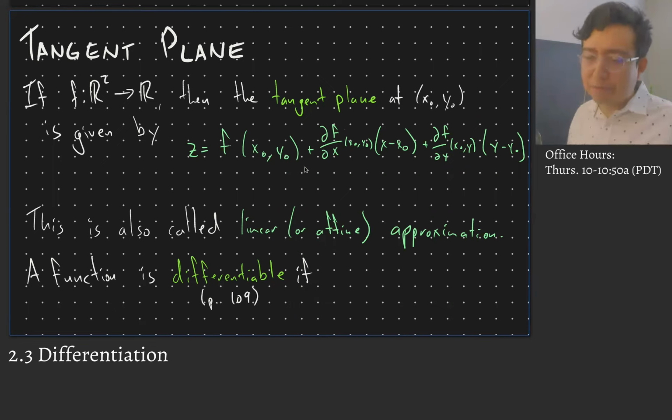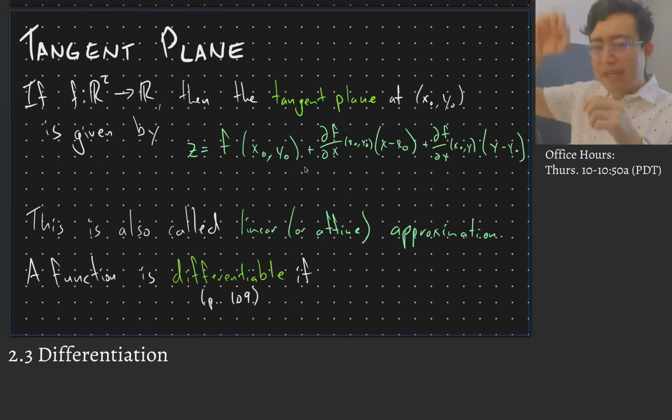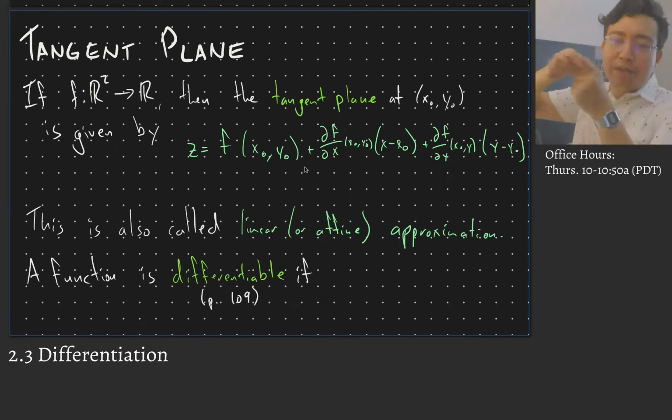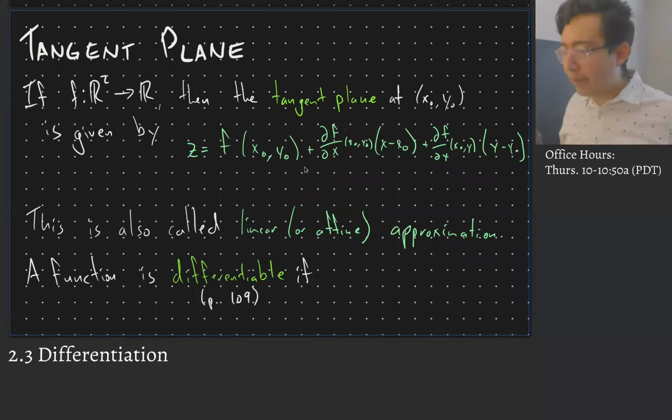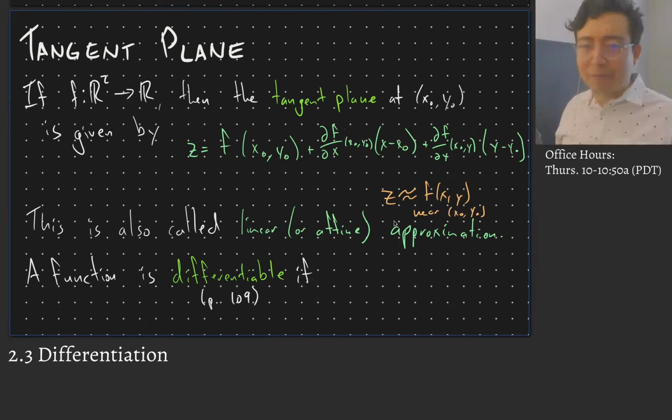Differentiable functions, which we haven't defined yet, it'll be at the bottom of this page, are basically functions where if you pick a point and look nearby, it looks basically like a plane. So z is approximately f of (x, y) near (x naught, y naught), and the further away (x, y) gets from (x naught, y naught), the worse an approximation this gets.